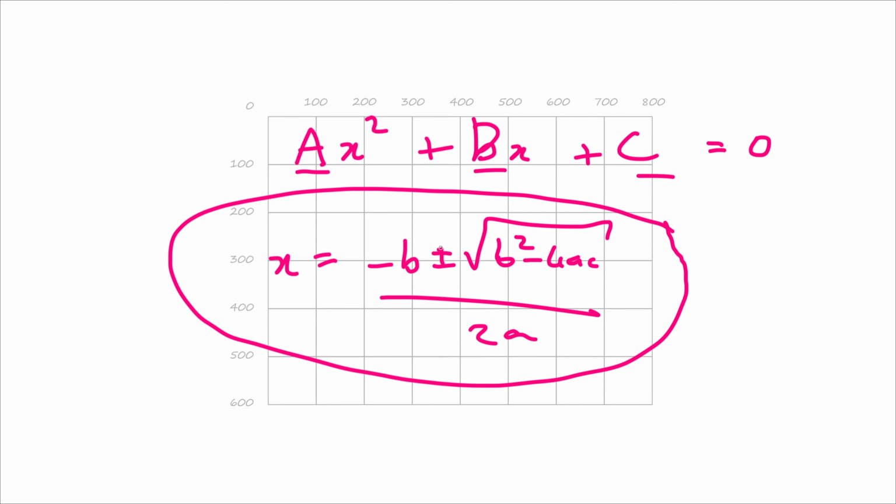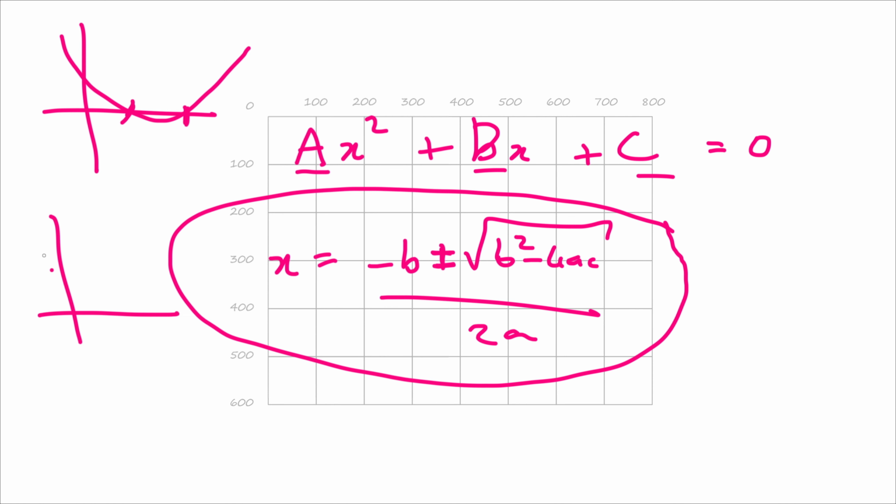And you'll notice there's a plus minus here, which means we get two answers for x potentially. Why is that? Because a quadratic can hit a line twice potentially. It can hit it never. It can hit a line just once, or two answers that are the same, or it can be hitting it twice.